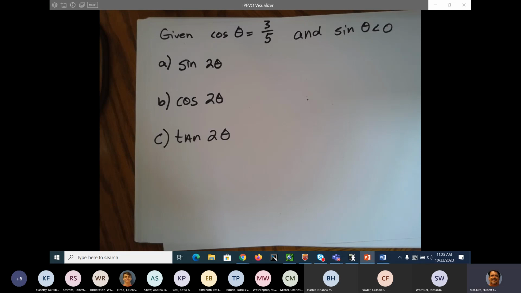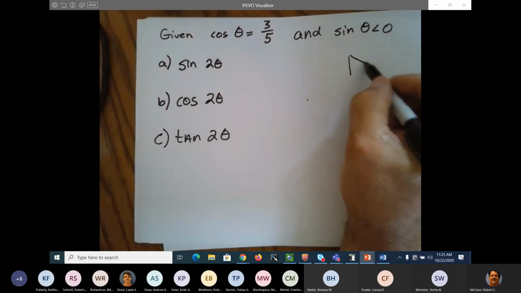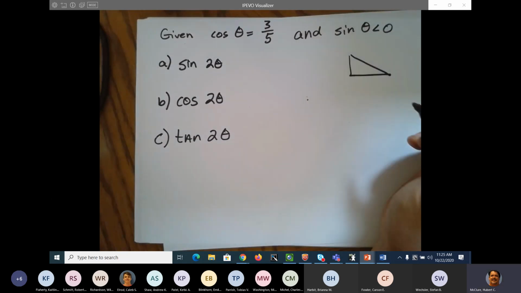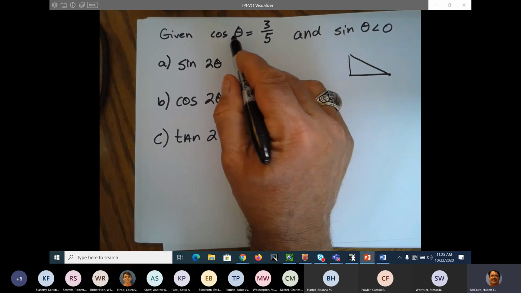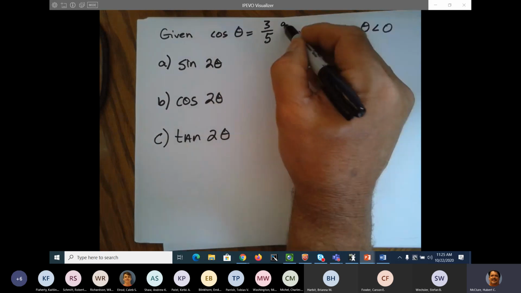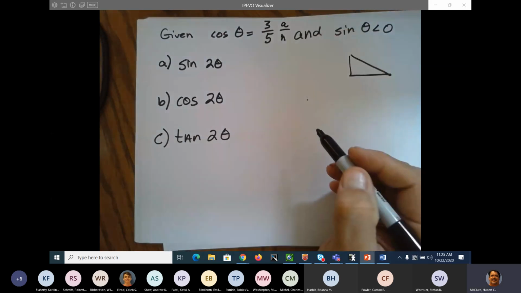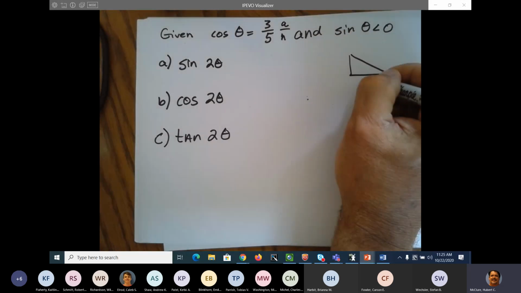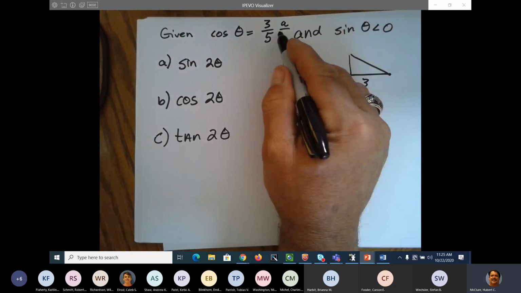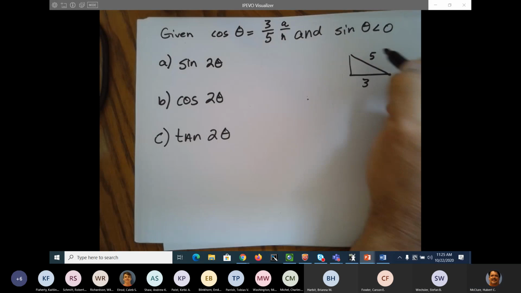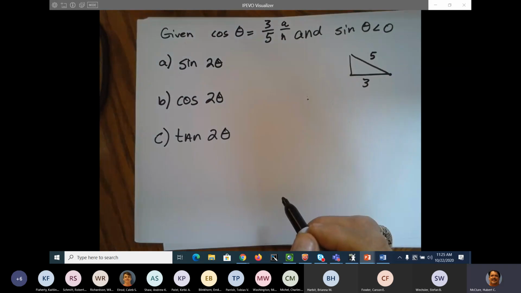Now we know that the cosine is equal to 3/5. Now you can do this 2 or 3 different ways. The first thing I'm going to do is draw a triangle. And we know that cosine, Oscar had a hunk. So the adjacent is going to be here, and the hypotenuse is going to be here. So technically, you could figure what the leg is right here.